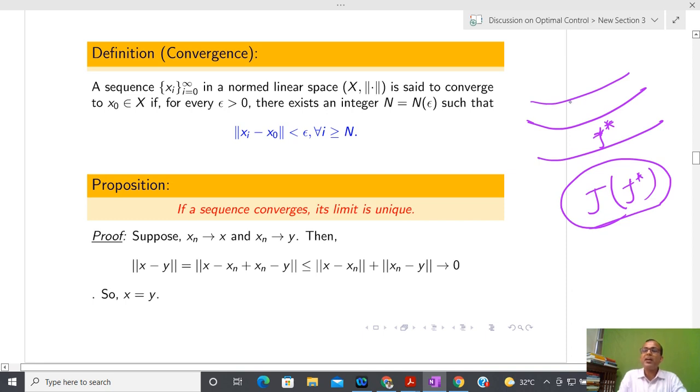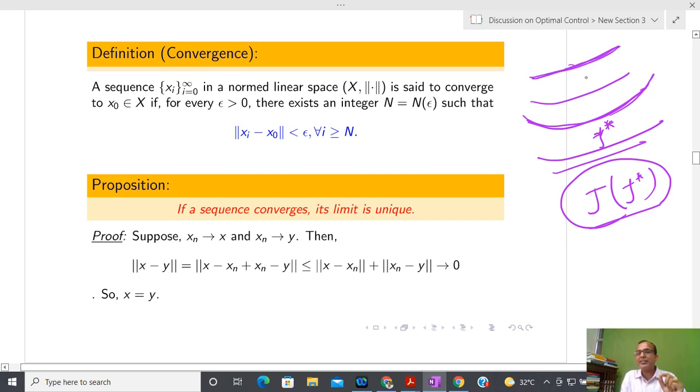It means that I can start anywhere in the local neighborhood of this particular quantity, and finally I have to converge somewhere. Due to that reason the notion of convergence comes into the picture. So here, the sequence xi, you can assume is some kind of function, and the functions are now in a space.